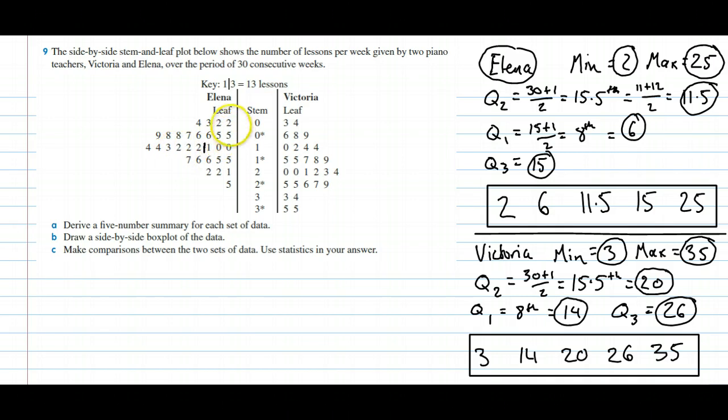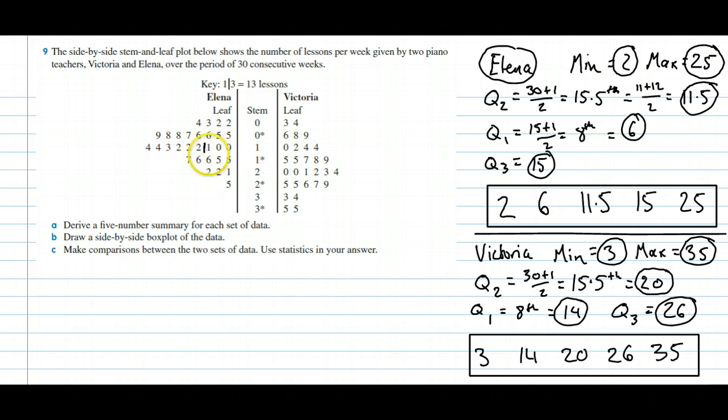So it's important that you're counting from smallest to largest on both sides, and on the left-hand side that means counting from right to left as you're going through each stem. On the right-hand side, obviously you're counting from left to right, because they're ordered from smallest to largest going from left to right, but on the other side it's the opposite.